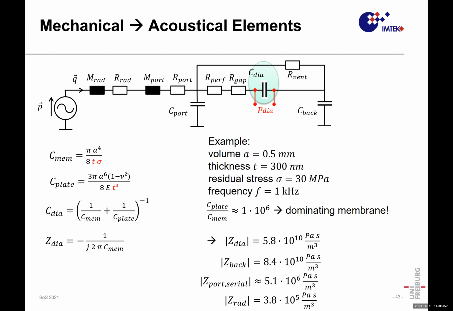And if I calculate the impedance from here, I have the diaphragm impedance of 10 to the 6 times 10 to the 10 Pascal seconds. And this compliance here and that compliance of the back volume are more or less the same. So this is already like impedance matching or sharing. Whenever we put in a pressure, 50% we find on this and 50% we find dropping on that condenser.